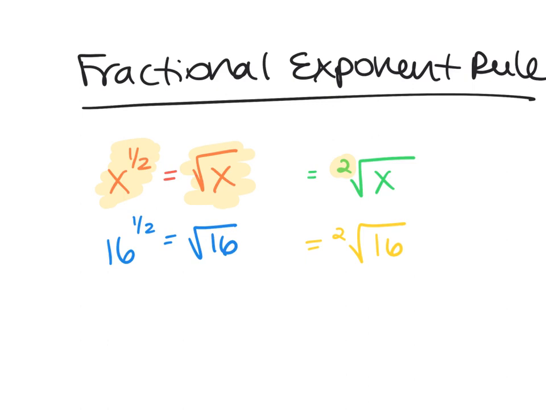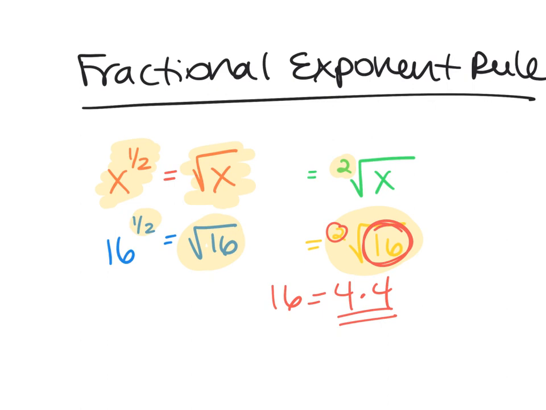So if you have 16 to the power of 1/2, that's the same thing as the square root of 16, which is simply 4. Because the square root of 16 is 4, that means that 4 times 4 equals 16. That 2 tells you how many numbers multiplied together equal the number here.